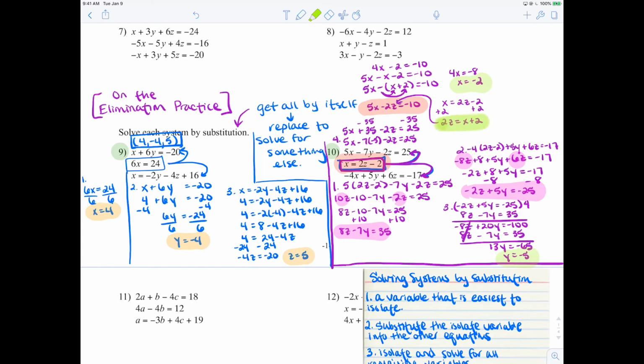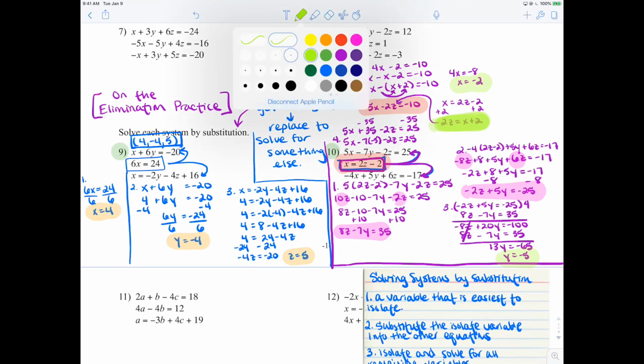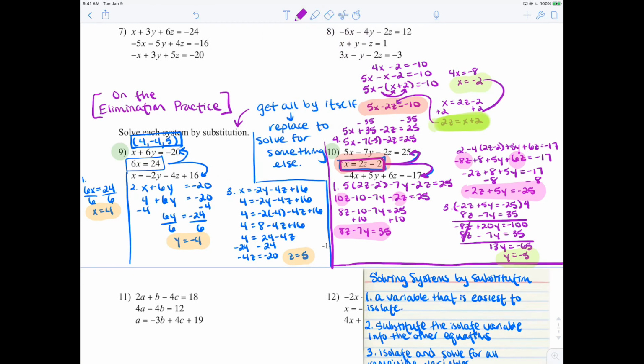This equation here, we can substitute it back into this one. So it is really like a puzzle, just finding all of these pieces. And so 2z equals negative 2 plus 2, which is 0. And if the whole thing equals 0, then z equals 0. And there's the last part of our triplet, which would be negative 2, negative 5, and 0.